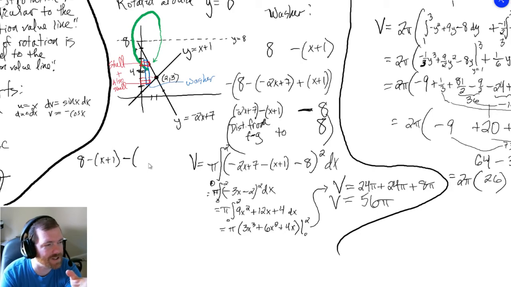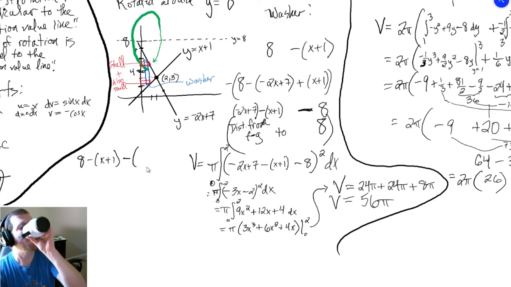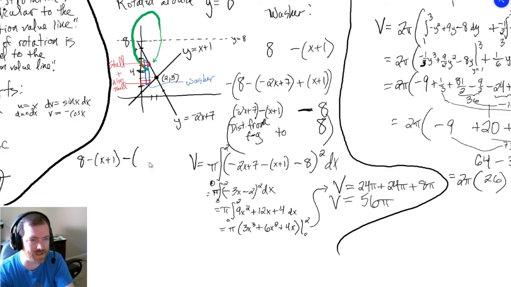Why am I having such a hard time with this? The distance between these is going to be 2x minus 7 minus 8, but then it's going to be the other way around, so it's 8 minus negative 2x plus 7.